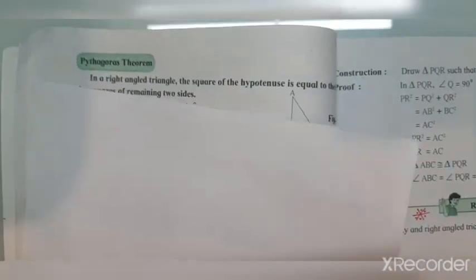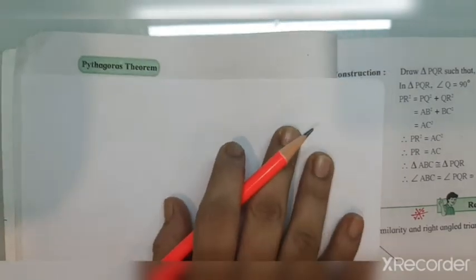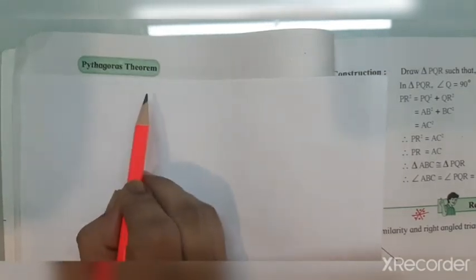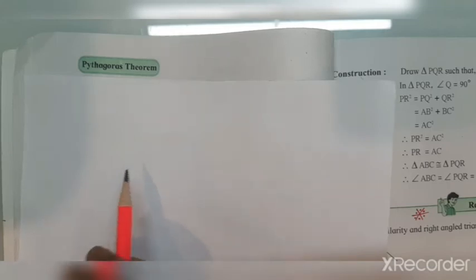And the third and the last, that is Pythagoras theorem. In the first exercise, first practice set, we need is Pythagoras theorem. Now, as I told you, we all have studied Pythagoras theorem in our earlier standards. But how do we prove the Pythagoras theorem by given conditions?